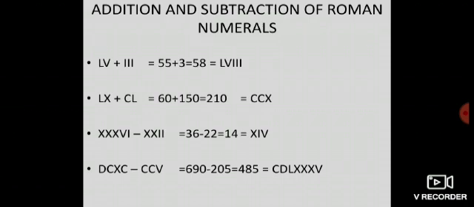It means 690 minus 205, which is equal to 485, and it is written in Roman numeral as CDLXXXV. I hope the basic rules of the Roman numerals are clear to all of you.